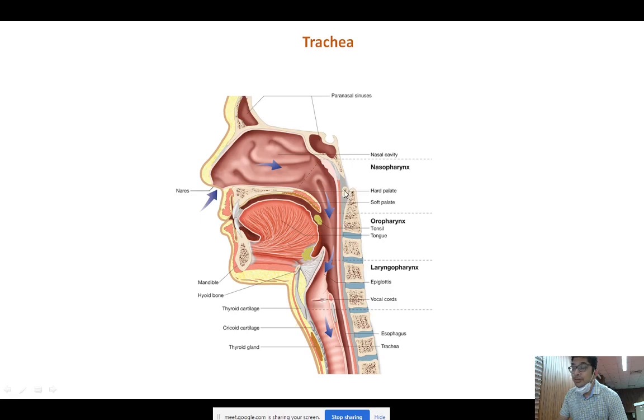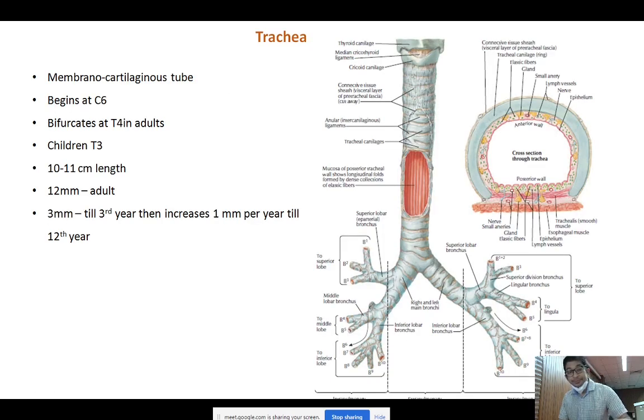This is the C1, which is also known as the atlas. Over this axis, the atlas will move, that's why it's known as the axis. So axis is C2. So atlas or C1, axis C2, C3, C4, C5, C6. At this level, the transition happens. Yes, sir. If there is any doubt, I'll give you time.